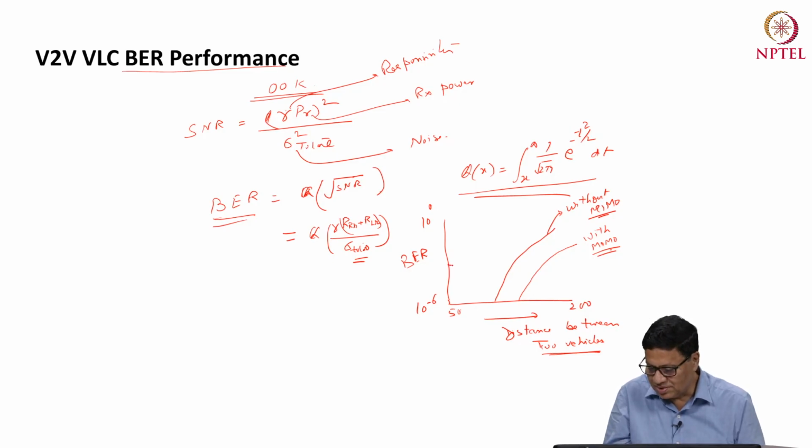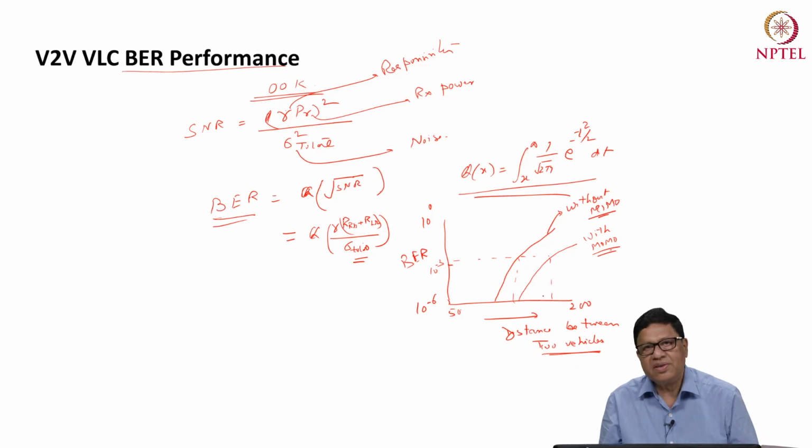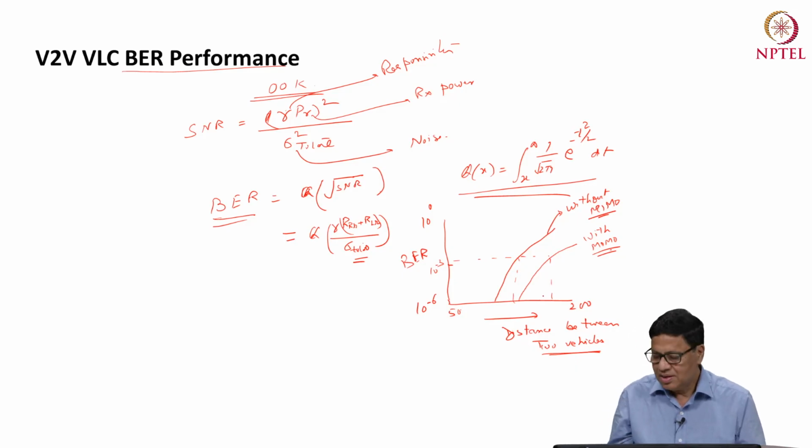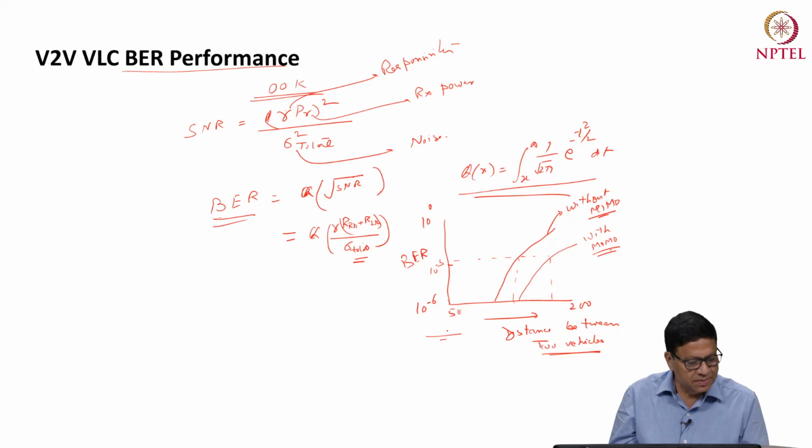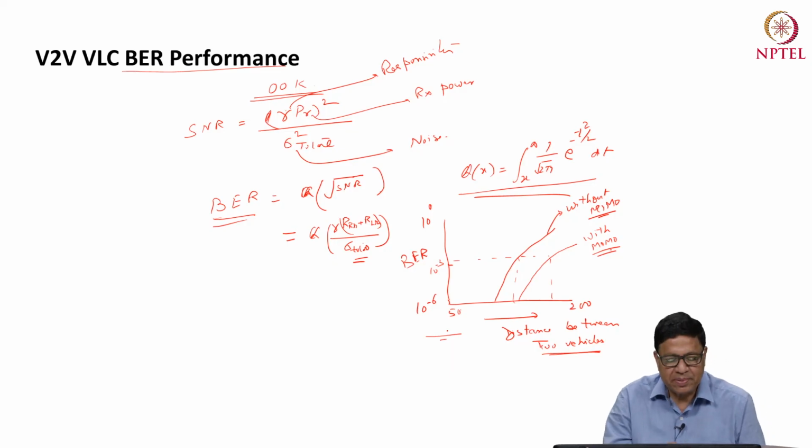One can suppose this is 10 to the minus 3, so you can find the corresponding distance for these two cases. So this is about the BER performance. We have seen different parameters: the BER, the link duration, and the coherence time.